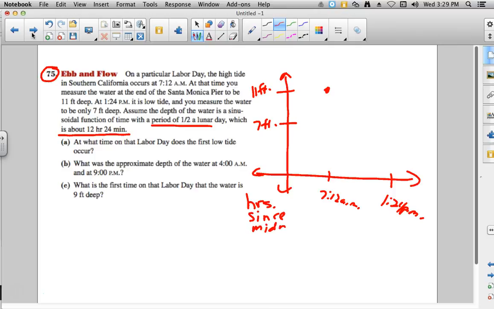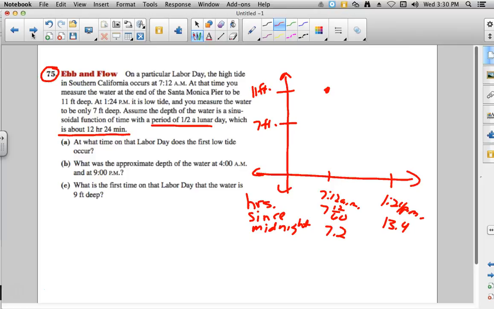So 7:12 a.m. would be 7 12/60ths, and that is 7.2 hours since midnight. And then the 1:24 p.m. would be 13 24/60ths, which is 13.4 for our time.